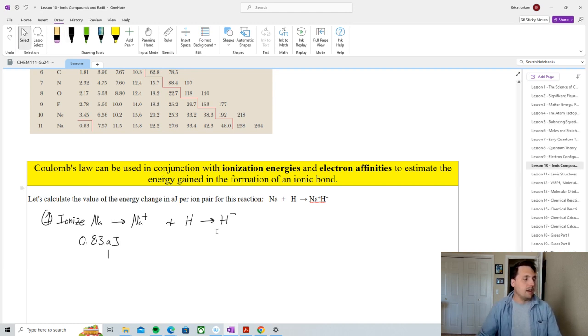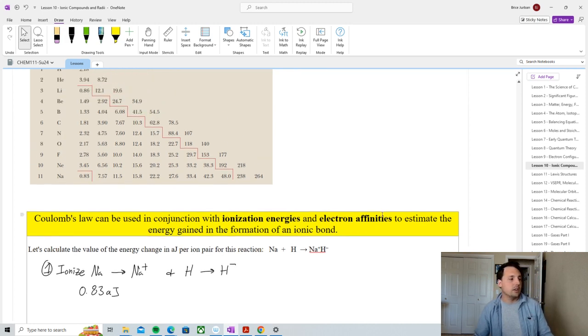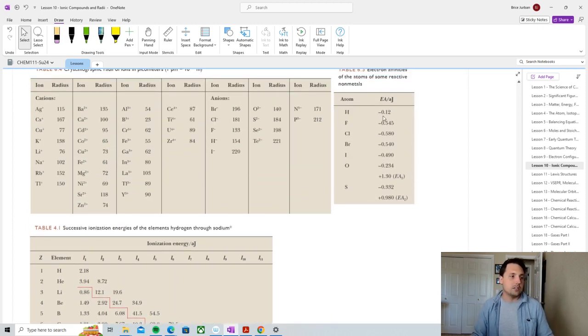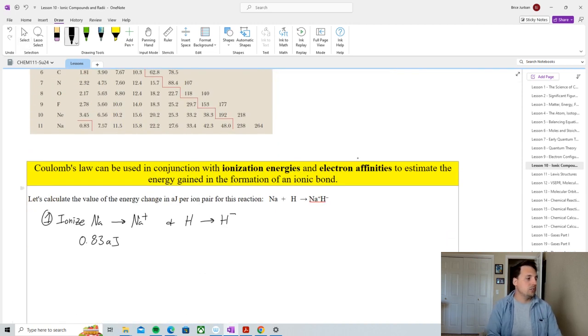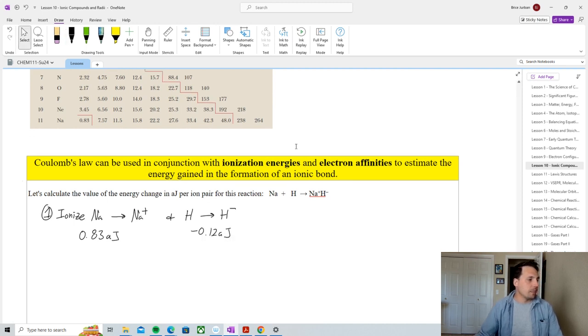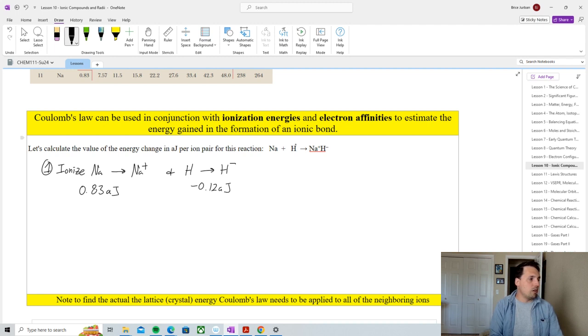And then to add an electron onto hydrogen, that's actually a favorable process. So it doesn't require energy, it actually results in the release of energy. It gives off negative 0.12 attojoules. Okay, so overall, we've done that process.